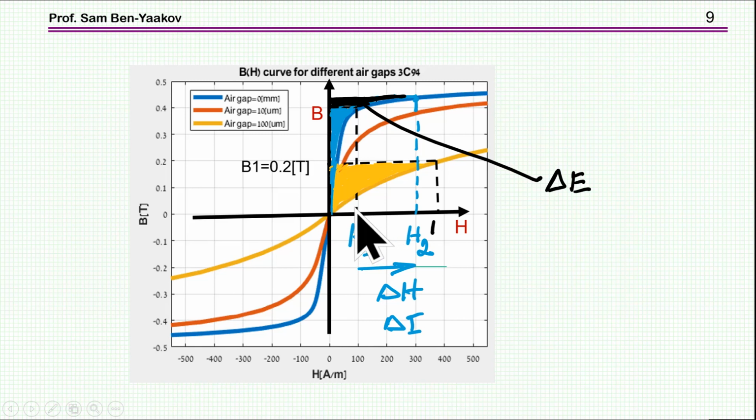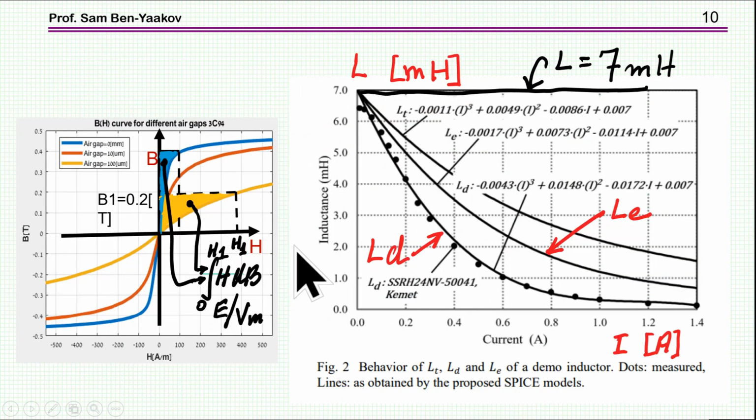So if you have a buck converter with current through the inductor, you actually store energy in the inductor.